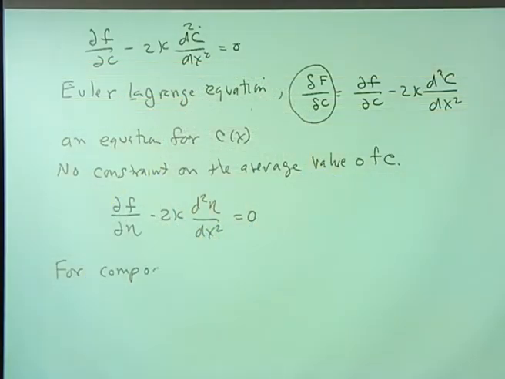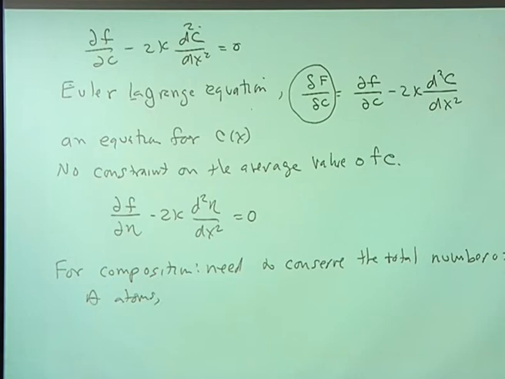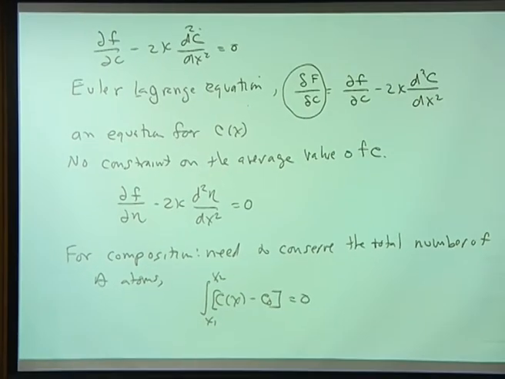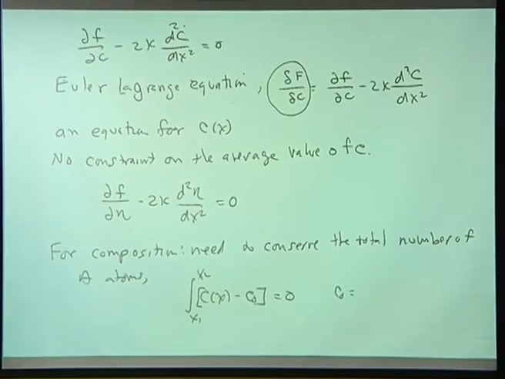It's not so good for composition, where you need to conserve the total number of A atoms. And so you need to put in a constraint equals 0, and C0 is the alloy composition.